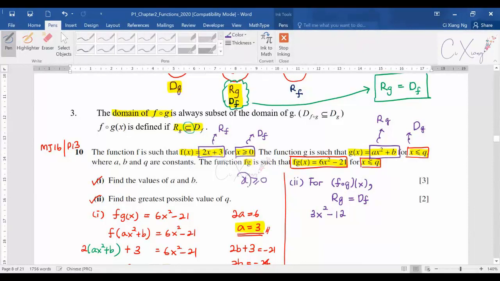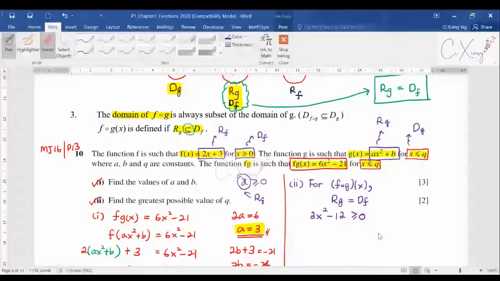Now you want to substitute the x by using the range of G. The range of G will be greater or equal to 0, because the domain of F is greater or equal to 0. Therefore, the range of G is equal to the domain of F. Therefore, you have 3x squared minus 12, which is the range of G, greater or equal to 0. Follow what you have for the domain of F.